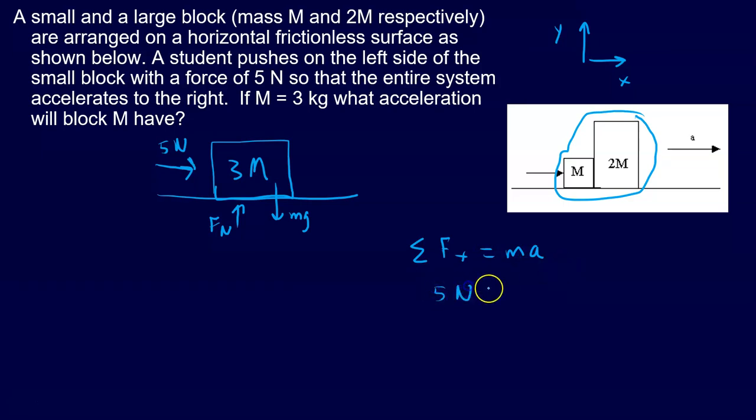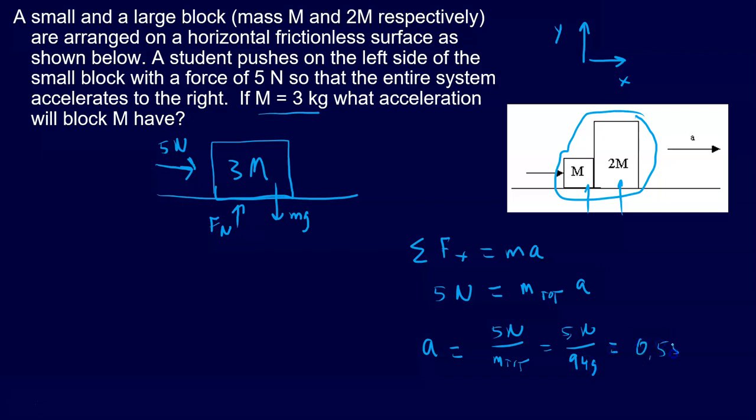And so actually this problem turns out to be not too bad. It's that force of 5 newtons equals the total mass of everything times A. So when I solve for A, I get 5 newtons divided by that M total. In our problem, it's 5 newtons over the total mass. Each M is 3 kilograms, so this guy's 3 kilograms, this guy's 6, and altogether it's 9 kilograms.